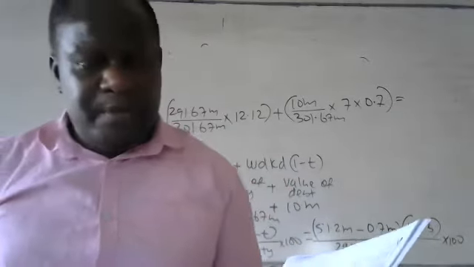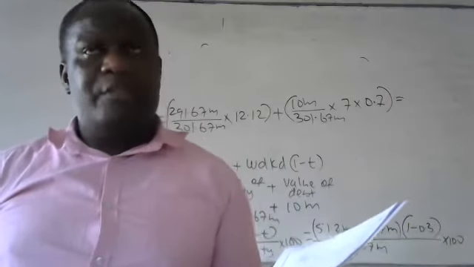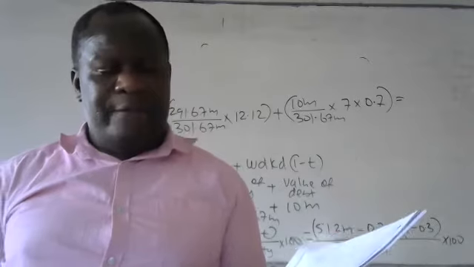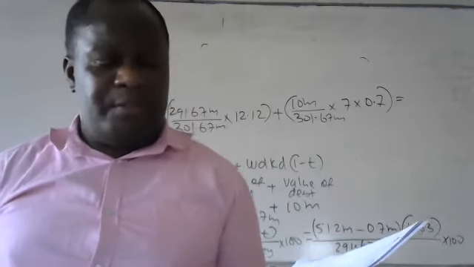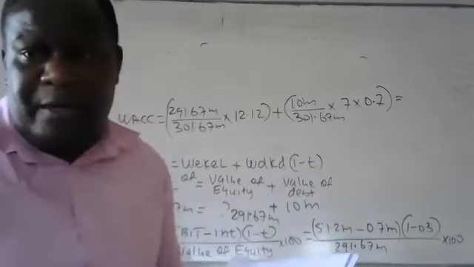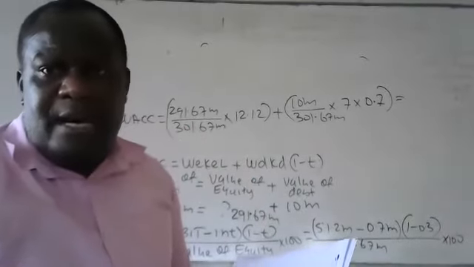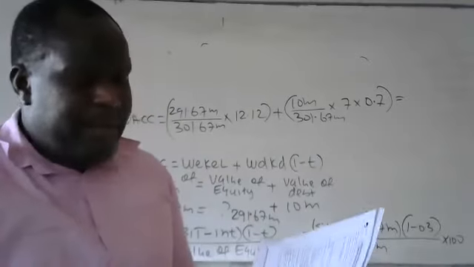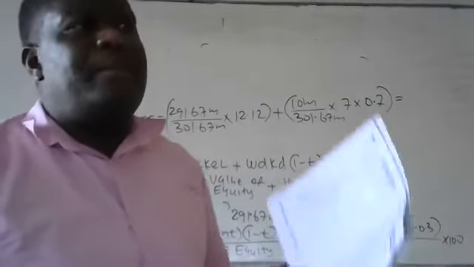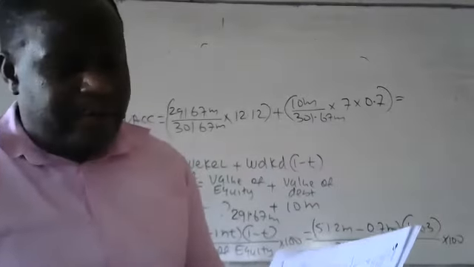Then the firm is considering borrowing 10% debt finance of 40 million shillings in order to finance an expansion program, making it what? Levered. When it borrows, it becomes now a levered firm.